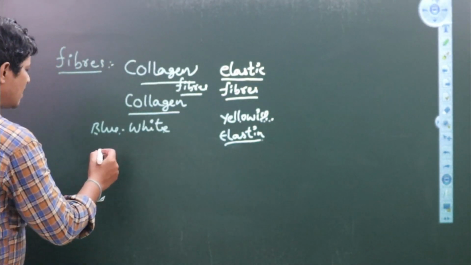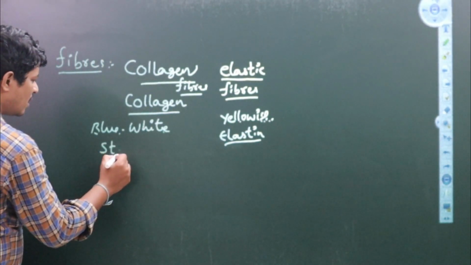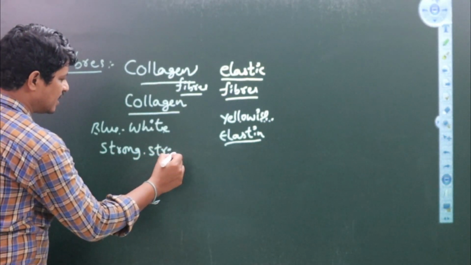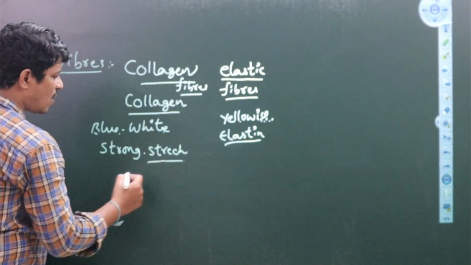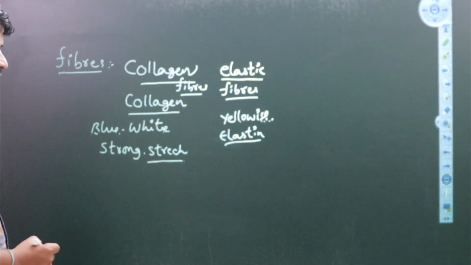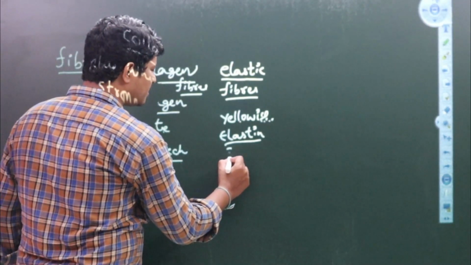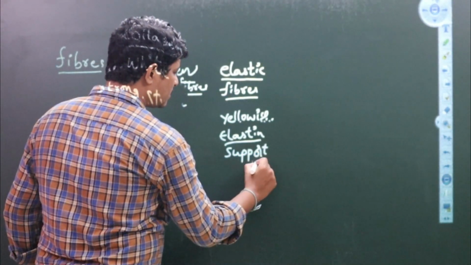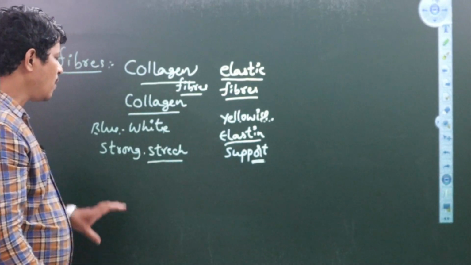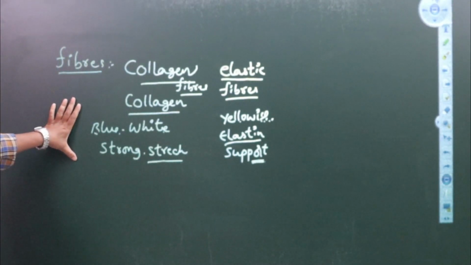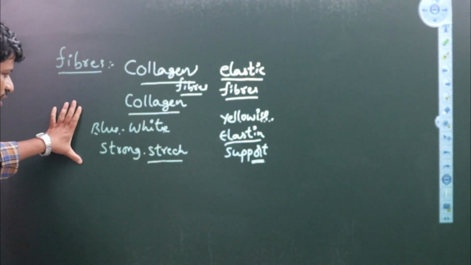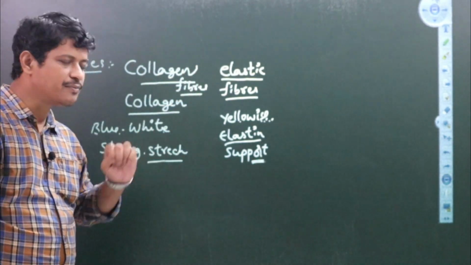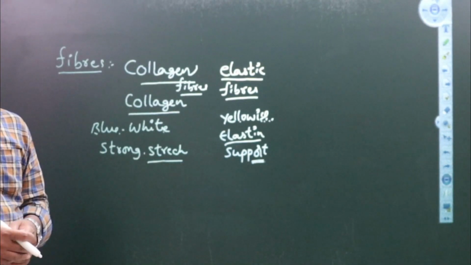The collagen fibers give strong and stretch resistance and are present like bundles, whereas the elastic fibers give support to the body.